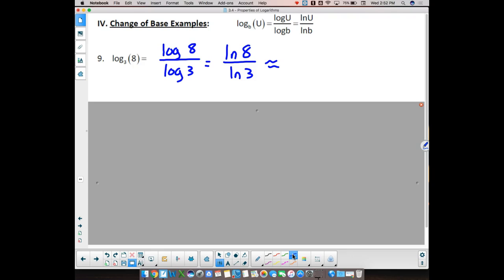In either case, you should get 1.89278926. Typically, we would round to 3 or 4 decimal places. We would tell you in the directions how many to round to. Okay?